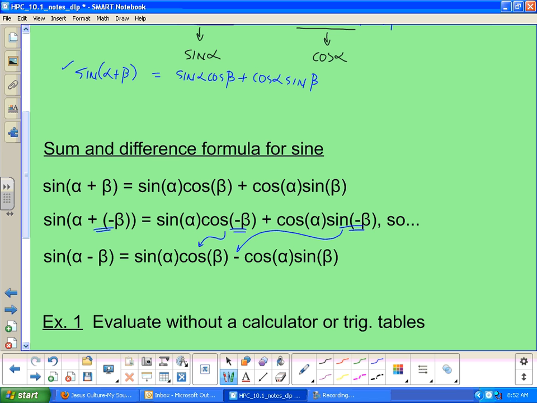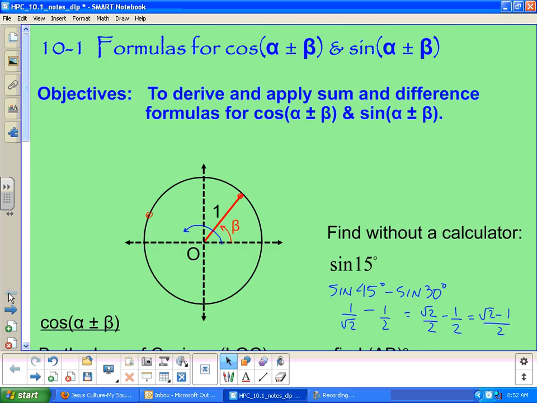So the thing to remember, with the sine sum and differences, if I am adding two angles together, my formula will also have an addition symbol. And if I'm subtracting two angles, I will be subtracting here. Now there is a little saying to help us remember the sum of sines and the sum of cosines. Let's go back to the cosines real quick.